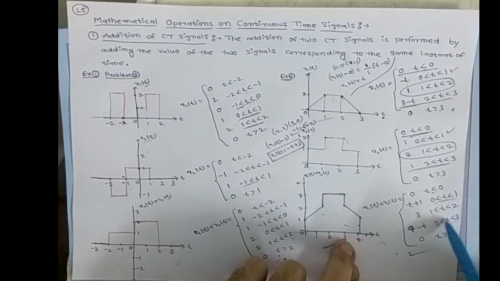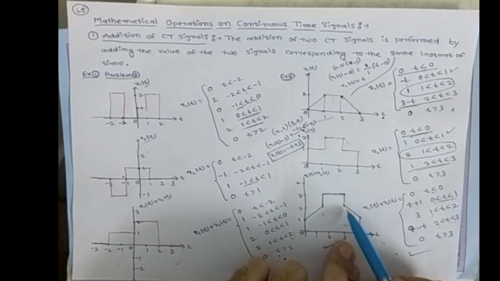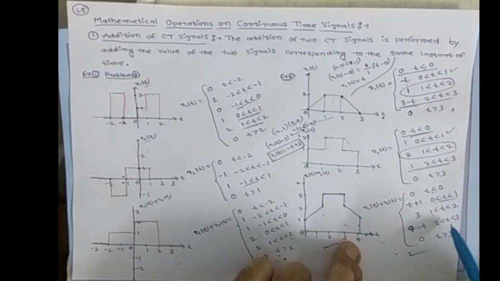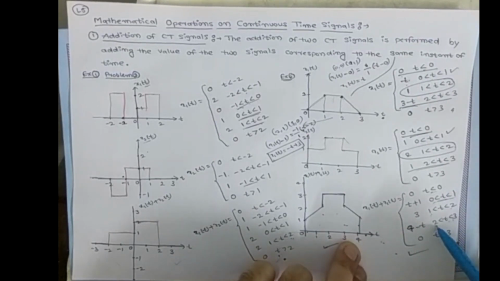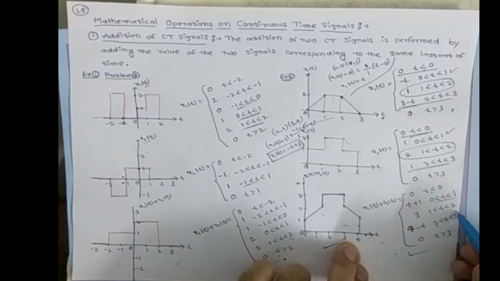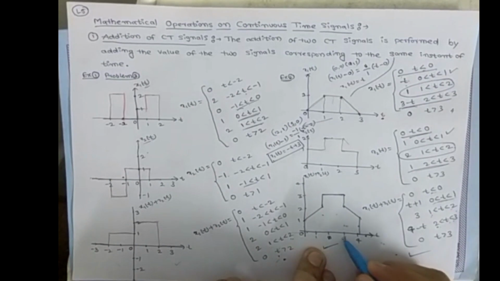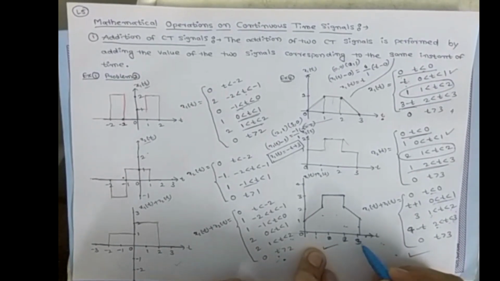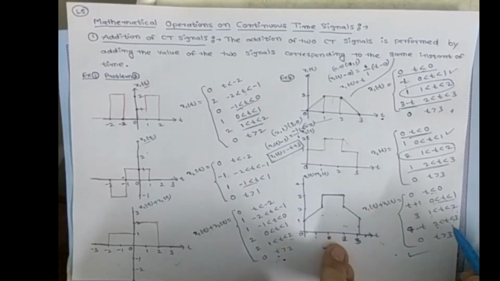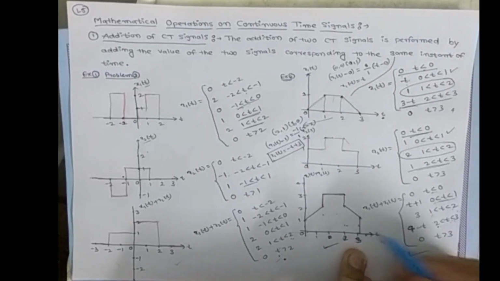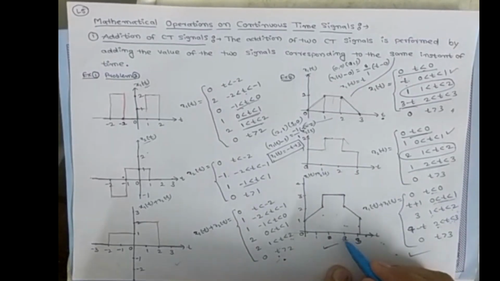If you substitute 3 in this equation, you will get 1. When you substitute 2, you get 2, and when you substitute 3, it is 1, and after that it is 0.